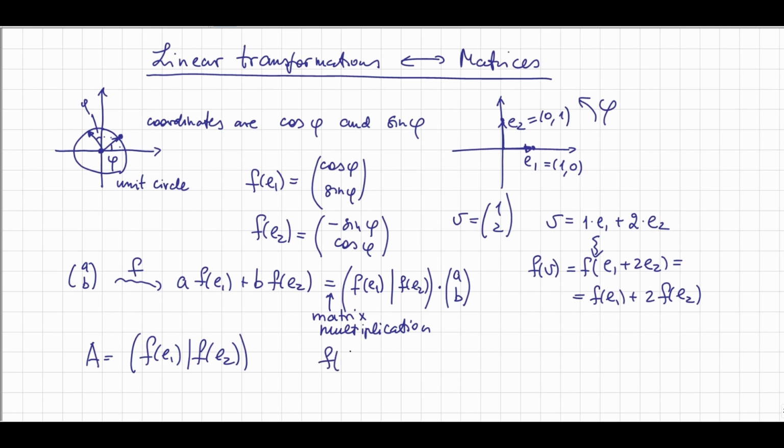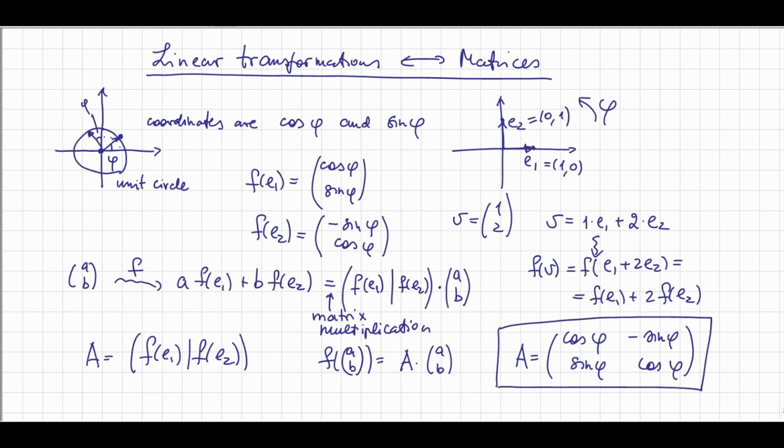F of any vector (a, b) will be simply A times (a, b). And we know what this matrix is, because we know what f of E1 is and what f of E2 is. This matrix is cosine phi, minus sine phi, sine phi, cosine phi. So we have a matrix A representing our rotation.